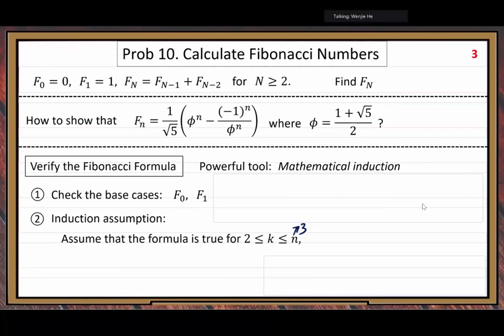Because we know it is true when n equals 2 and 3, this verification is not necessary.